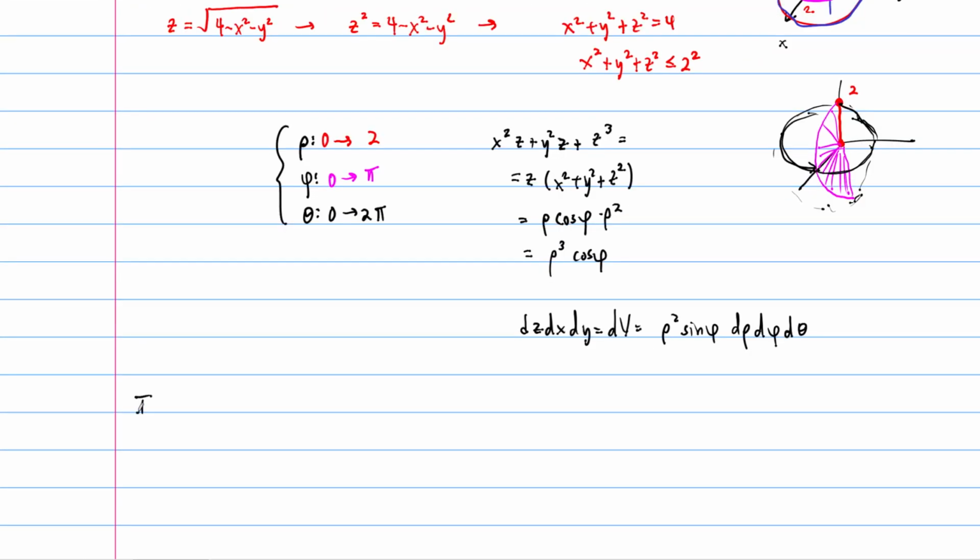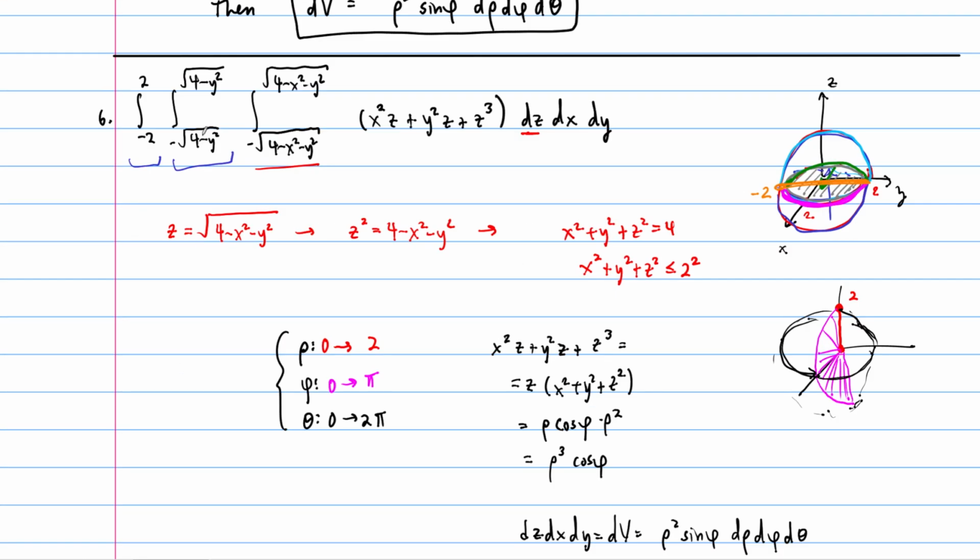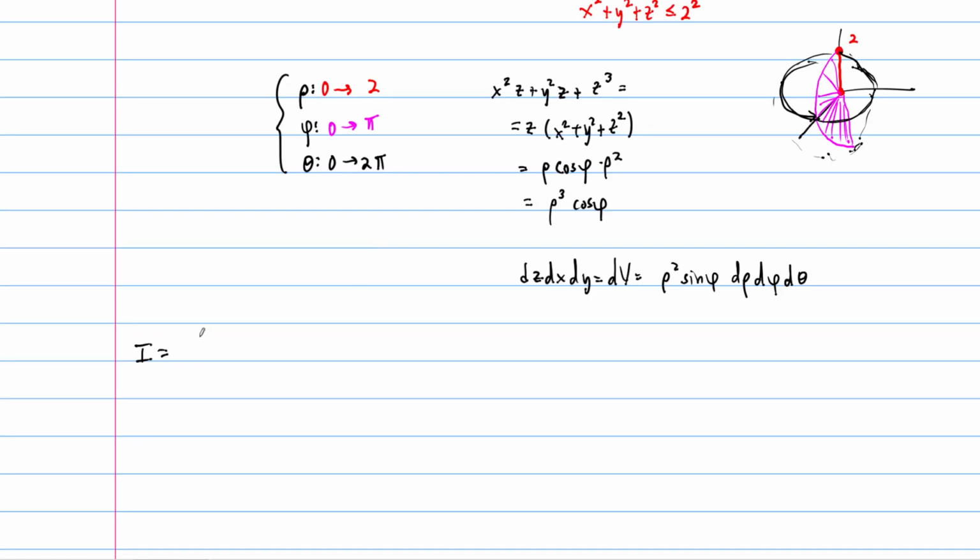I'm just going to write I because I don't want to rewrite that whole integral, but the integral is now going to be the integral from 0 to 2 pi, integral from 0 to pi, integral from 0 to 2 of rho to the 5th power, between the integrand and the volume element, times cosine of phi times sine of phi, d rho d phi d theta.